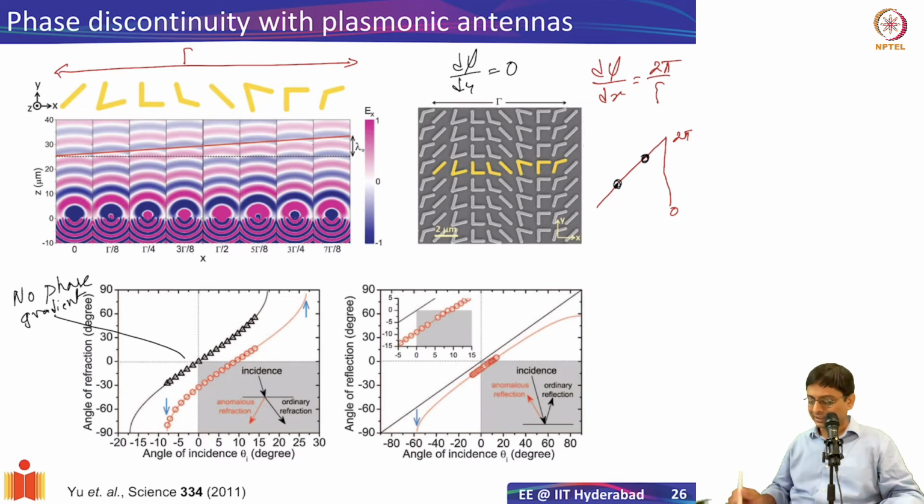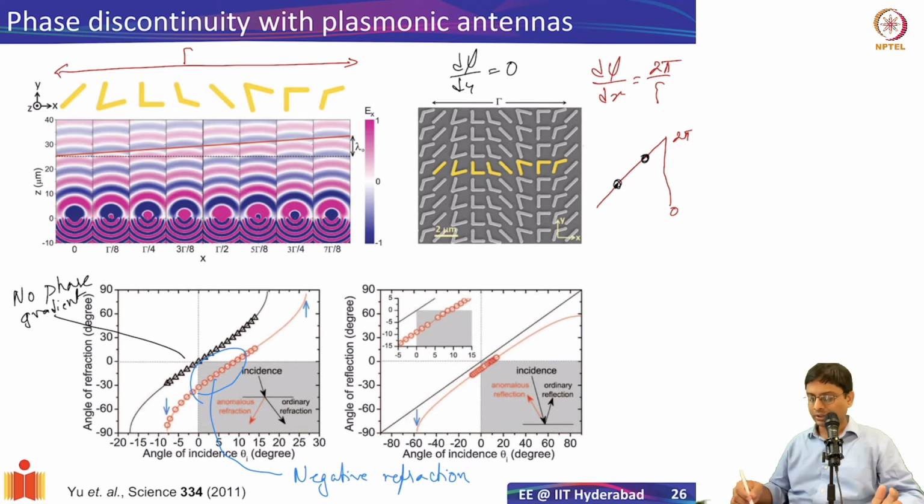But then the red is anomalous refraction, wherein my refraction can even be negative. If I take this red, blue part, this is my negative refraction. So with a particular angle of incidence, I'm able to bend even in the negative sense.